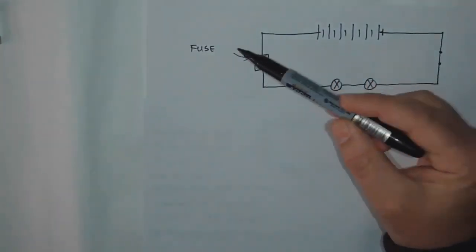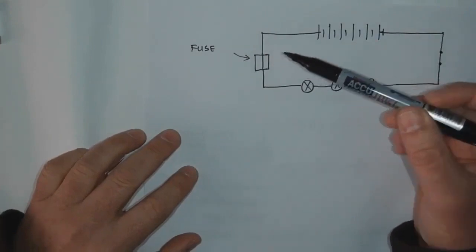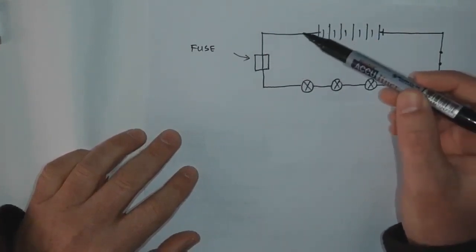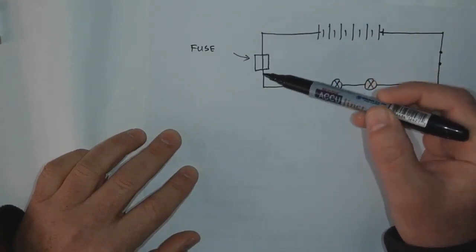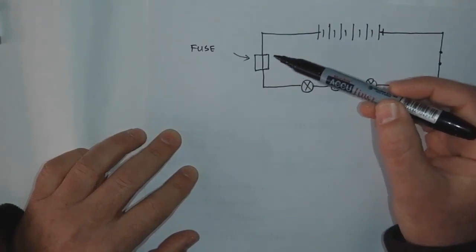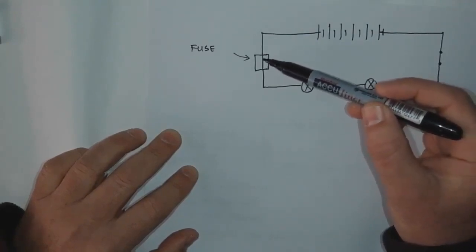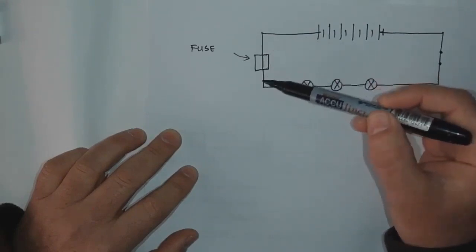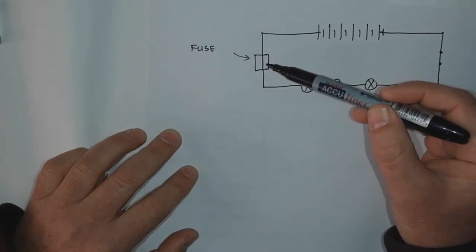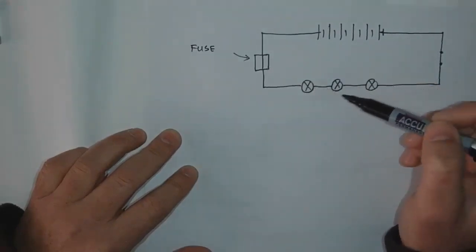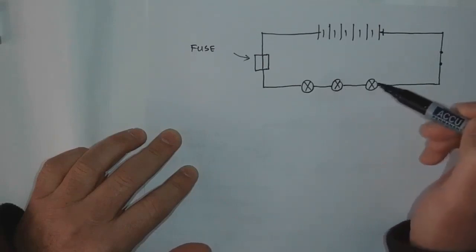So for instance, let's say this fuse was designed to withstand a maximum current of 2 ampere, and now the current that flows through the fuse exceeds the 2 ampere, something like 2.5 ampere or 3 ampere. Then this little heating wire inside the fuse will burn off, the current will stop flowing, and in doing so it might protect the remaining circuit components from overcurrent, which might damage them.